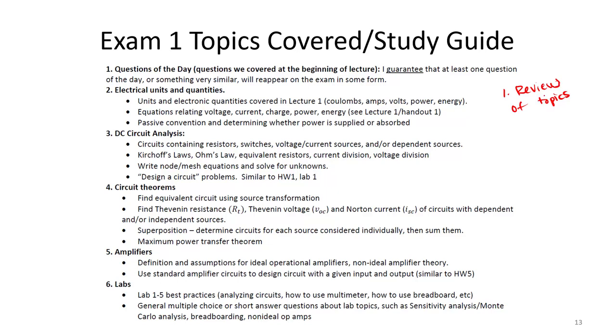So we'll briefly go through each of these topics and review some of the key things to remember for each topic. In the second part of our video, we'll do some practice problems. So please skip ahead or pause and rewind as much as you need in order to prepare yourself for our exam.